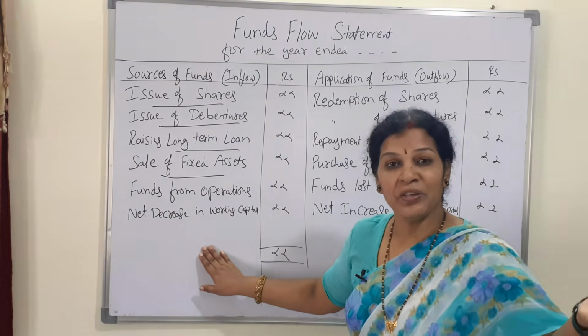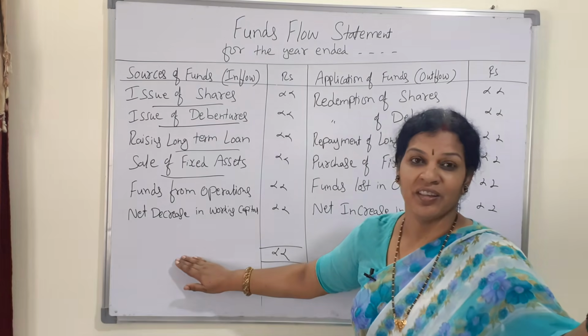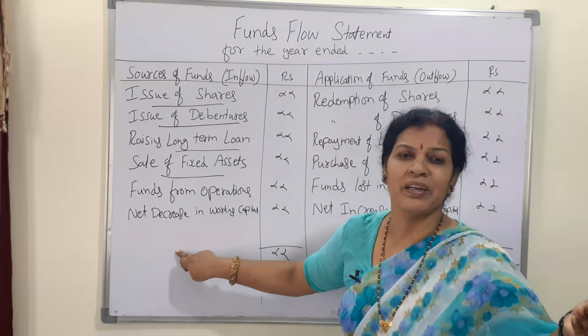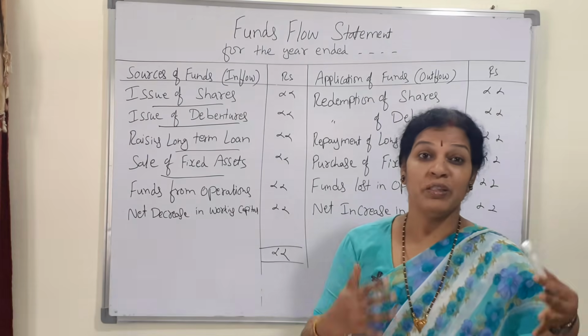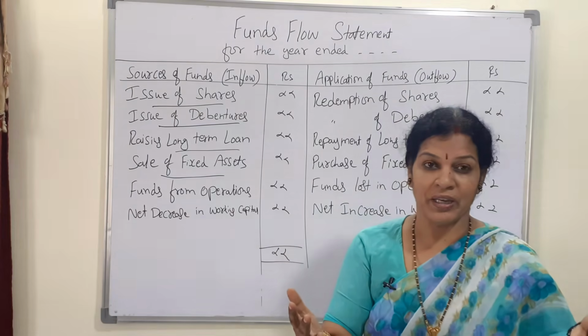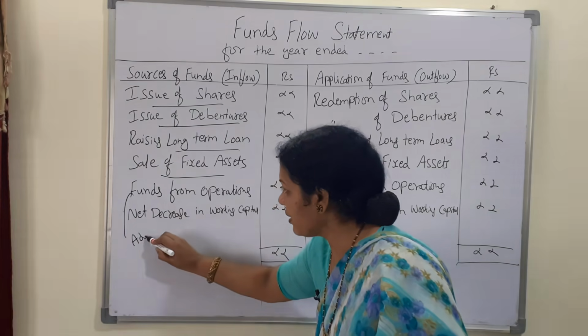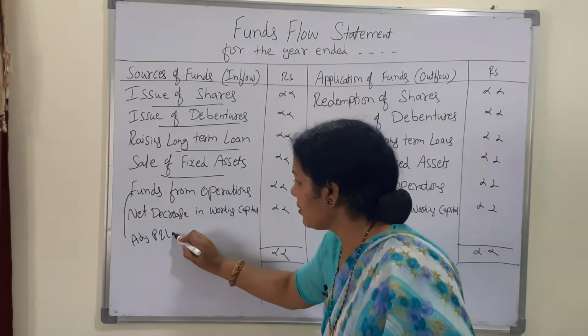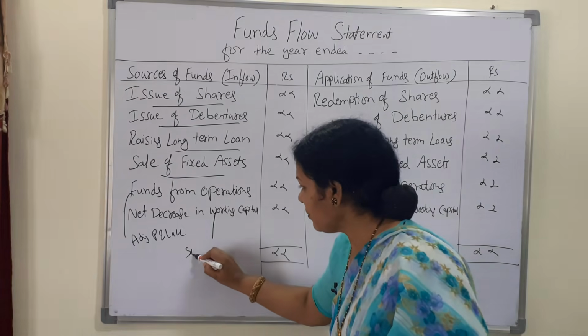From the assets point of view, it is an increase. From the liability point of view, it's a decrease. So we are using that word decrease, but still it is a source. We are getting, means more working capital whenever we are having. So this is from the adjusted P&L account, and this is from the schedule of changes in working capital.